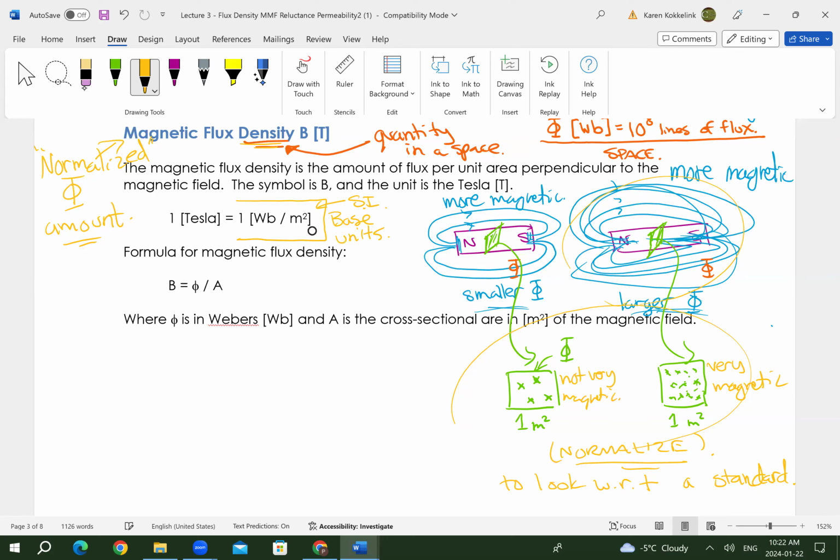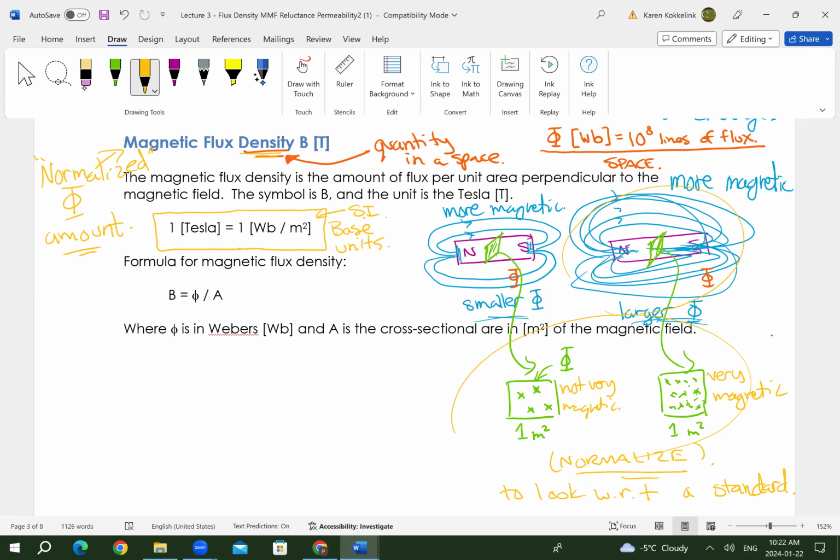But we have this guy named Tesla, who you might know. And this guy named Tesla was also a scientist who studied magnetism. And Tesla decided that when he's counting out these 1 times 10 to the 8 lines of flux, when he gets 1 times 10 to the 8 lines of flux in a meter squared, he's going to name that after himself and call that a Tesla.